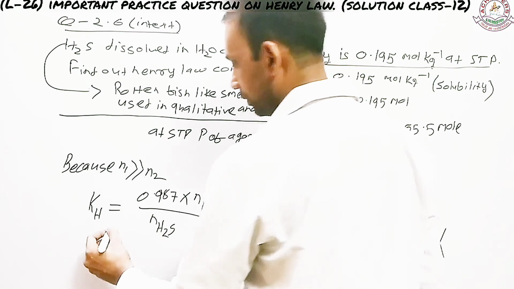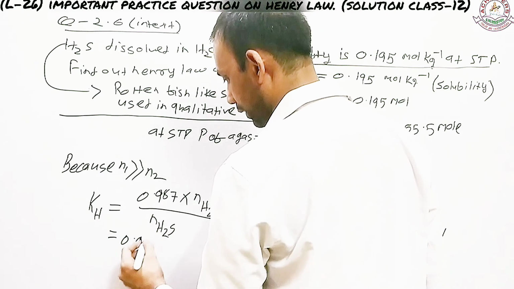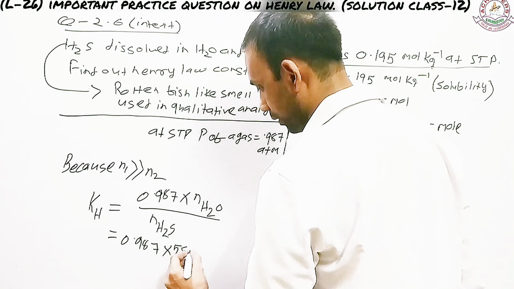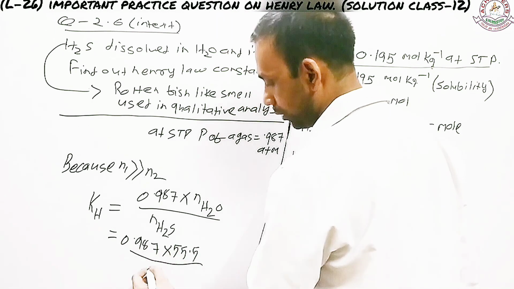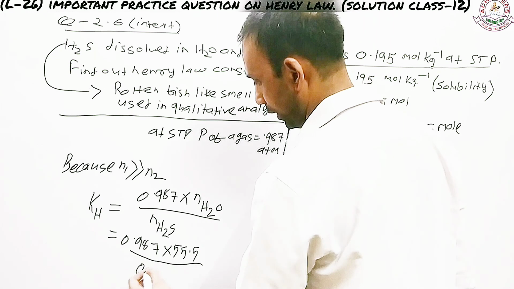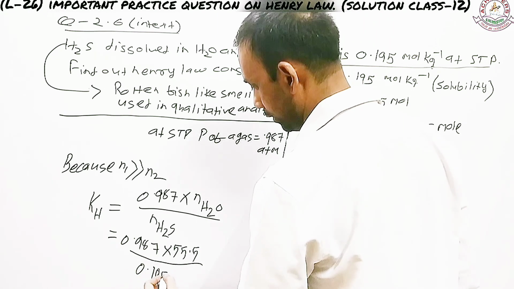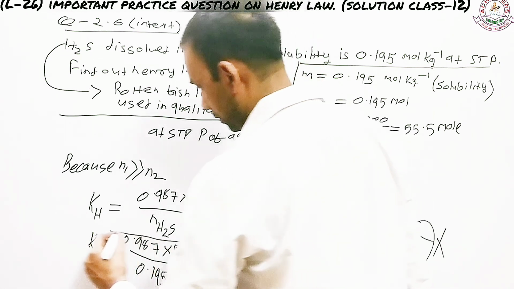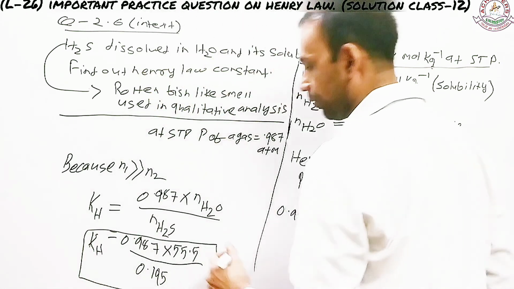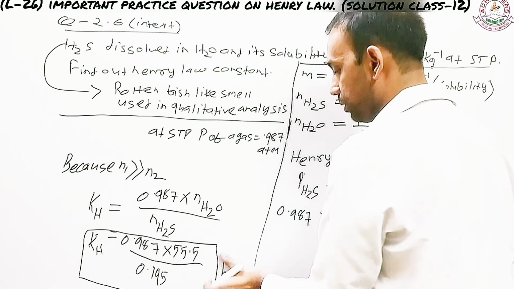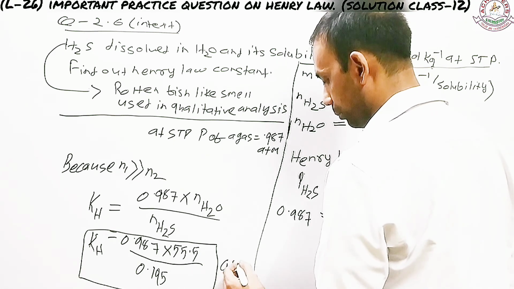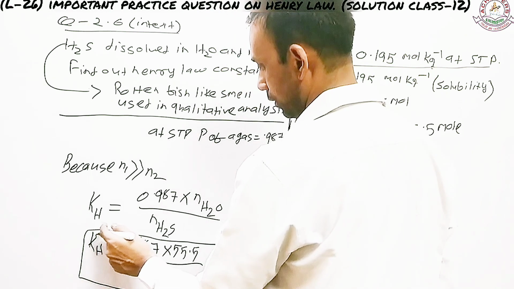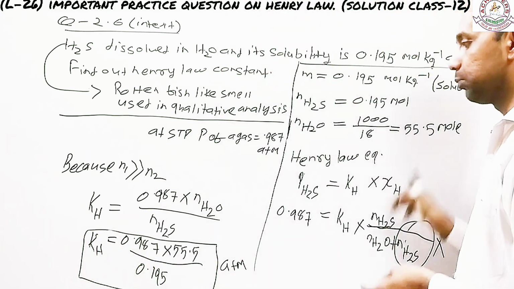Let's put the value: 0.987 multiplied by 55.5 divided by 0.195. So this is what KH is going to be. And what will its unit be? Its unit is going to be atm, because this also represents a pressure. Once you solve it, you will have the answer right here. So this is how KH is calculated for this particular question.